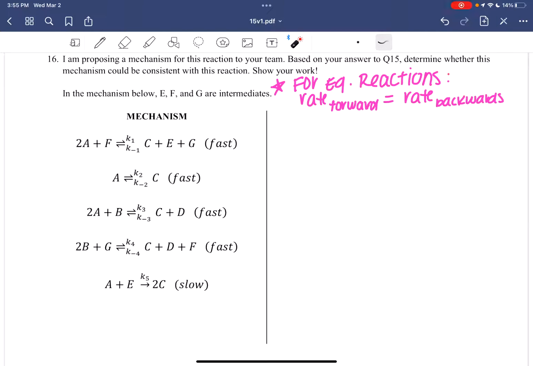Typically for these mechanisms, we'll usually have only one slow step. It may or may not be the last one. It could be the third one, the first one. It really doesn't matter the order in which they're fast or slow, but it's this slow step that we call our rate determining step.